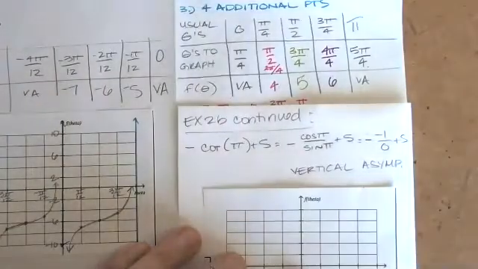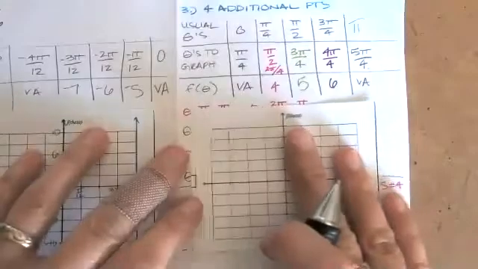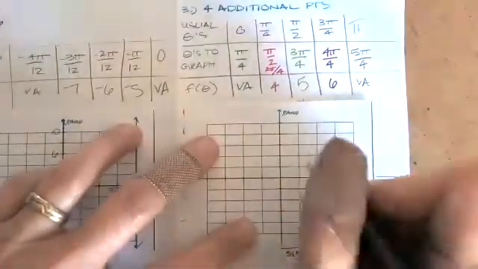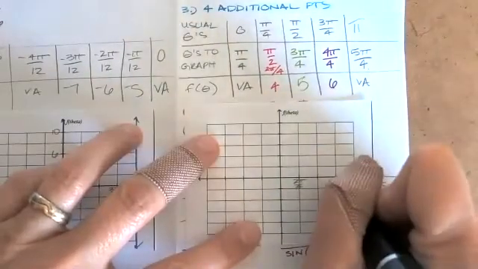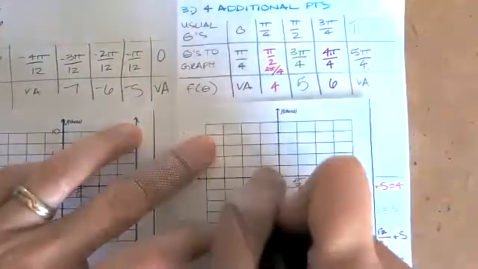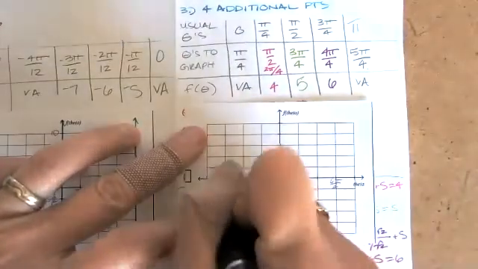Okay, so let's have this all on the screen together. Let's go by 2 pi over 4, or 6 pi over 4, 2, 4, 6.